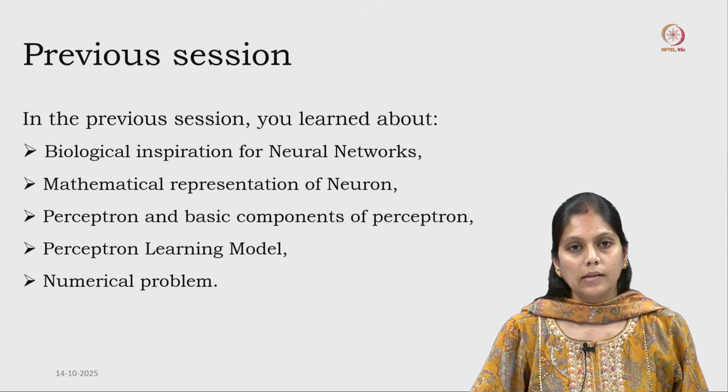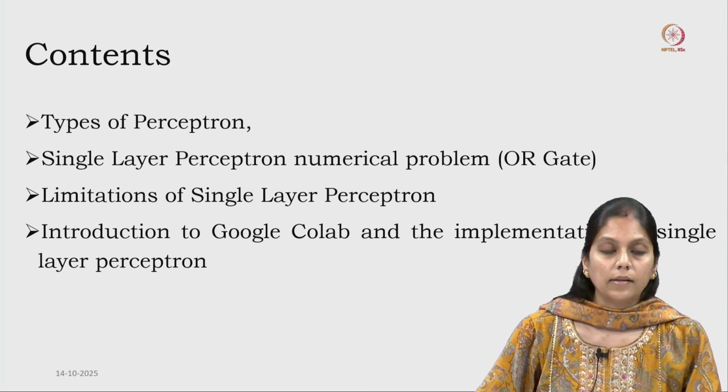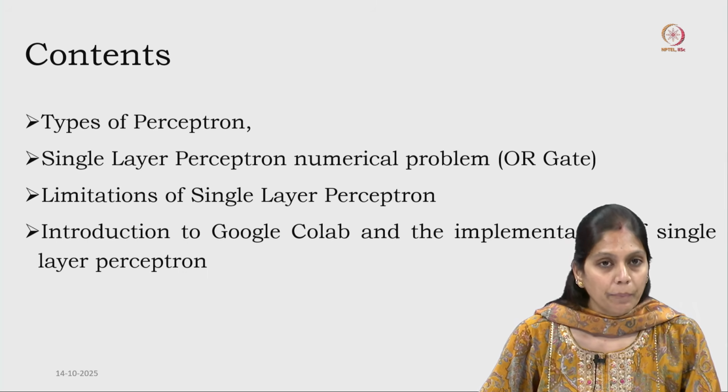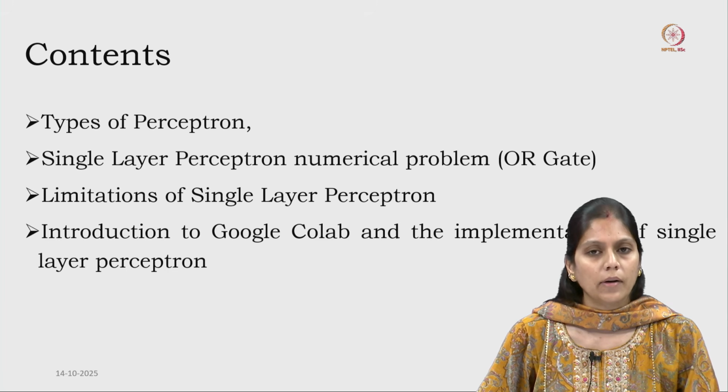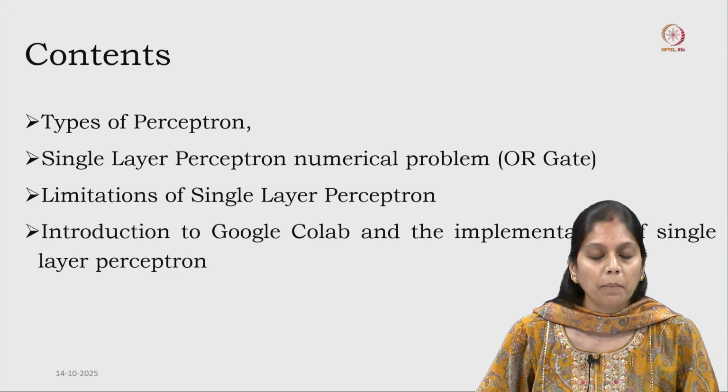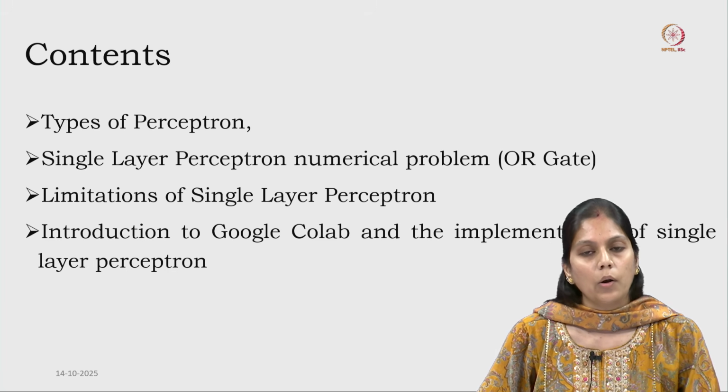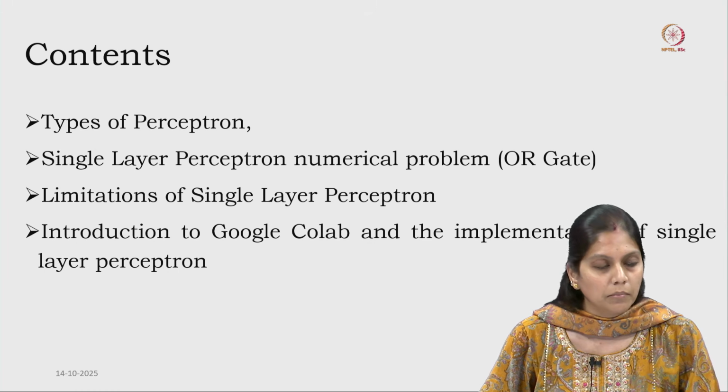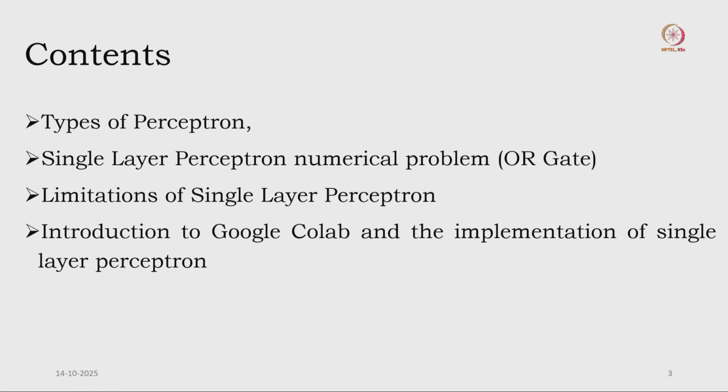Today in this session we will see types of perceptron. Then we will solve one more numerical problem, where we will take an OR gate truth table. Then we will look into certain limitations of the single layer perceptron.